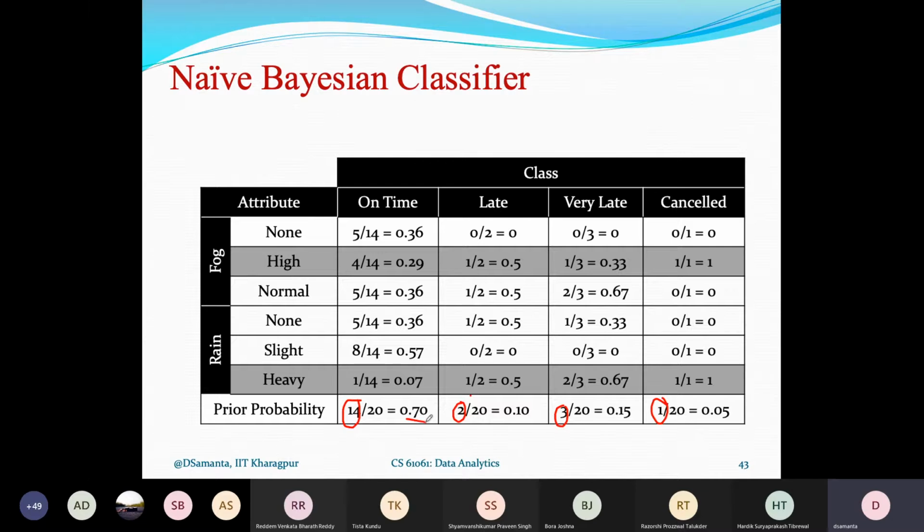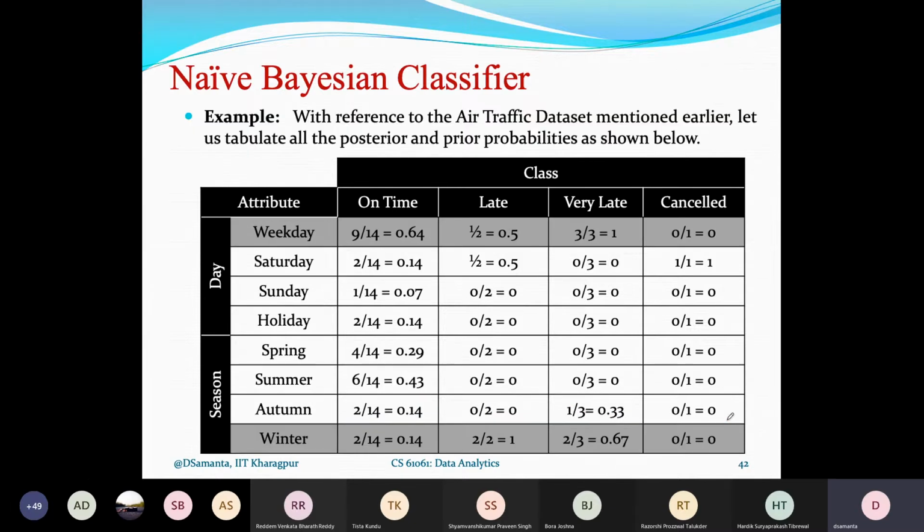So this is one prior probability. The second corresponds to the second class level, the third to the third class level, and the fourth prior probability to the fourth class level. Scanning the entire table once, all these four prior probability values can be readily calculated. It's very easy, right?